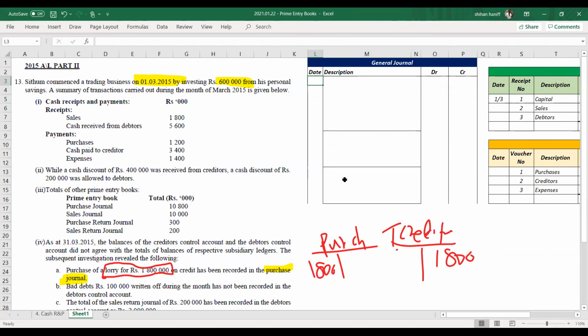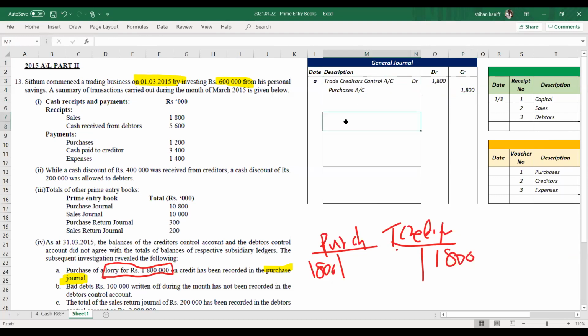Creditors control account, we have to debit 1.8 million, and purchases account, we have to credit 1.8 million.